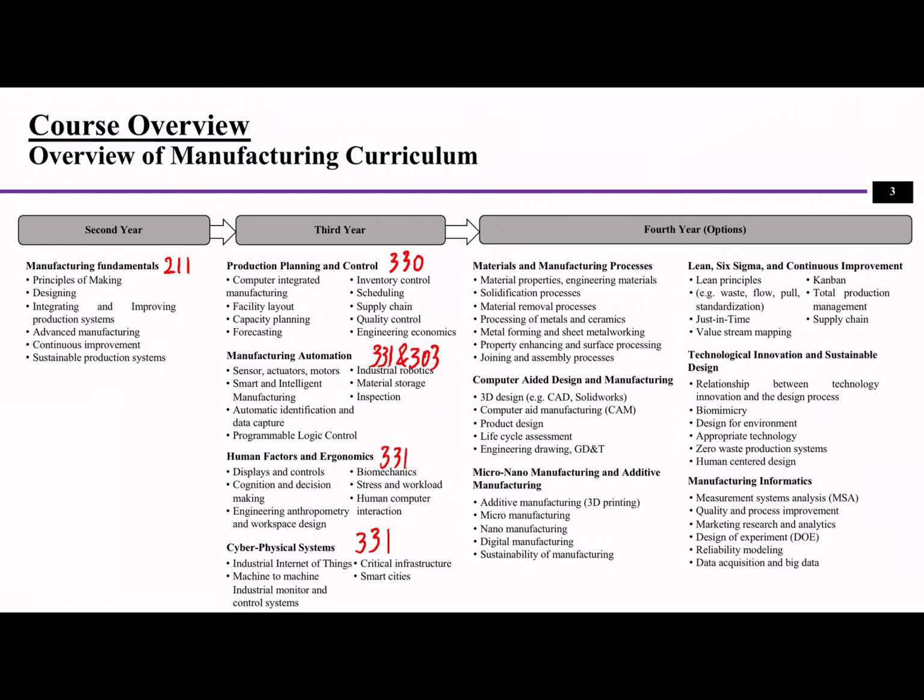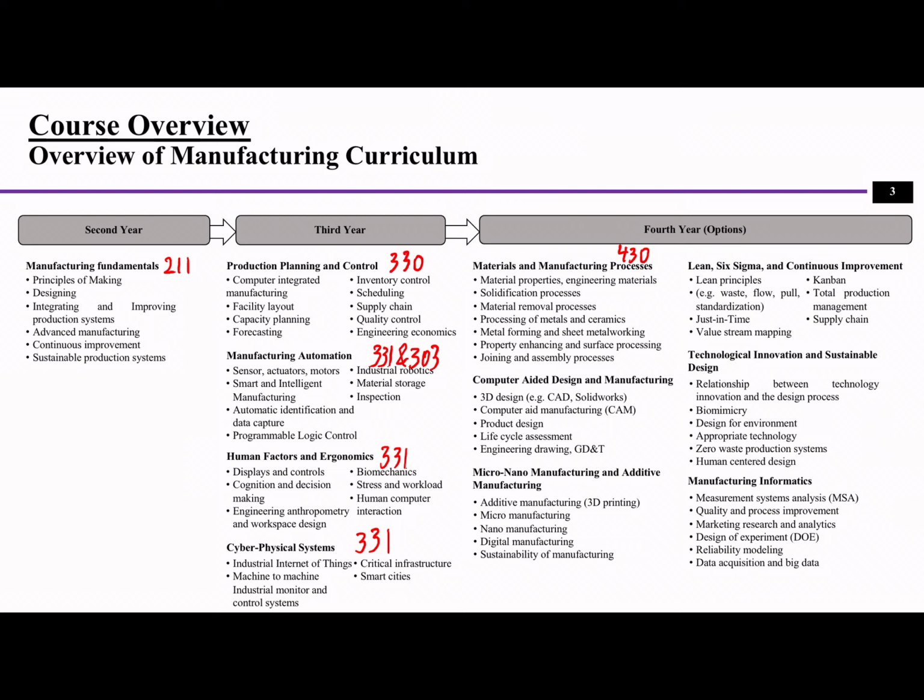When you concentrate in production systems or industrial manufacturing systems, there are also several courses that will help you further understand manufacturing processes and systems. I'll just go through some of those. So material manufacturing processes, this is the 430.